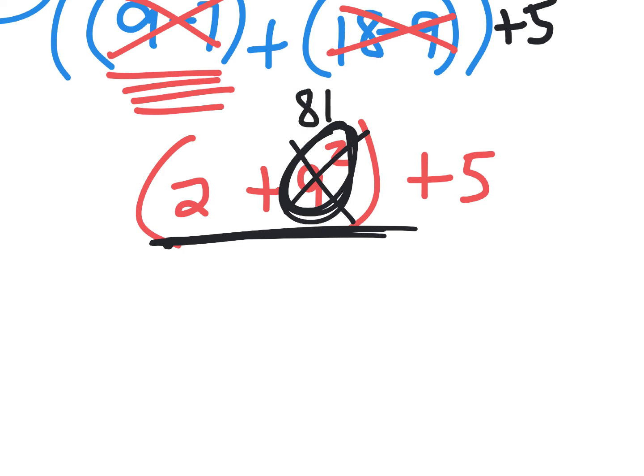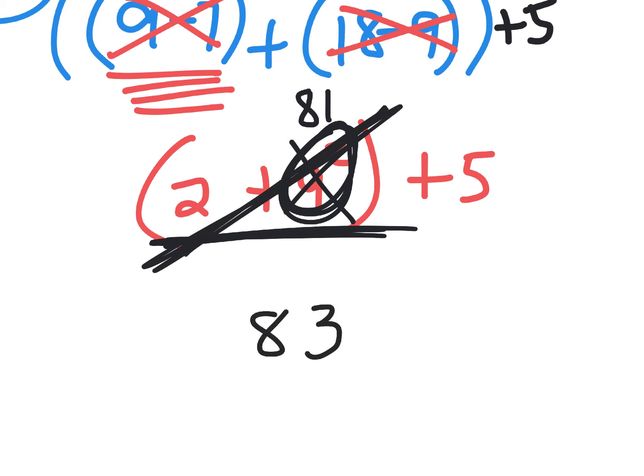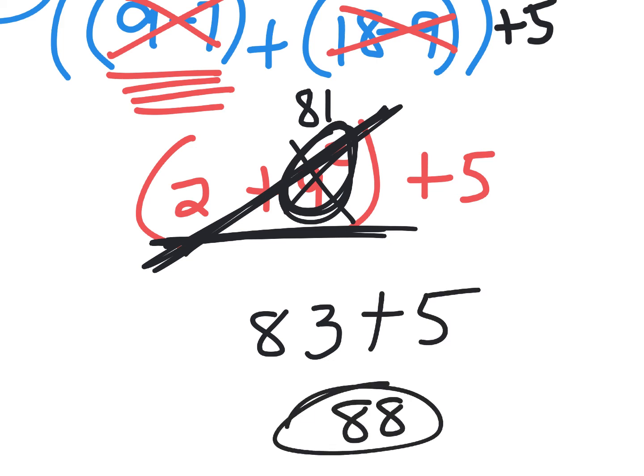So then, I'm still in the parentheses, so 2 plus 81, that's easy, 83. Plus 5, sweet, I got to the end. 88. Circle it. Get the idea? That's all there is to it. I cut it down. You only have like 5 questions left. This is doable. You can use a calculator.